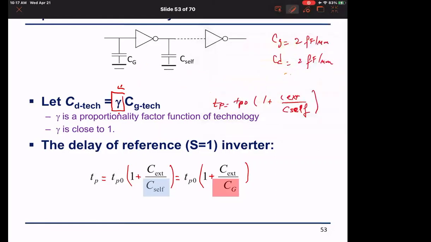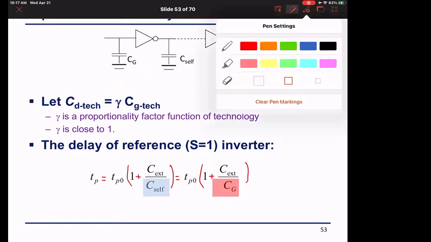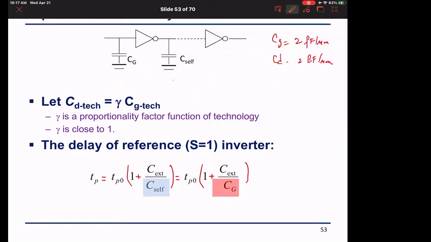Okay, so we will start from an expression that relates CD to gamma CG.